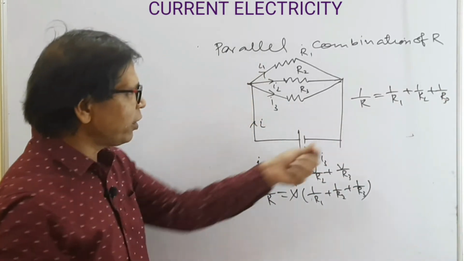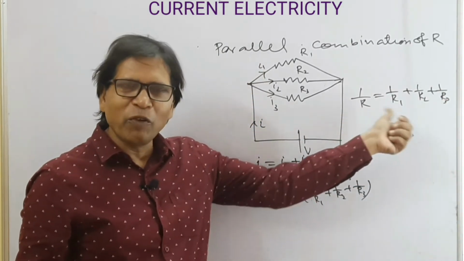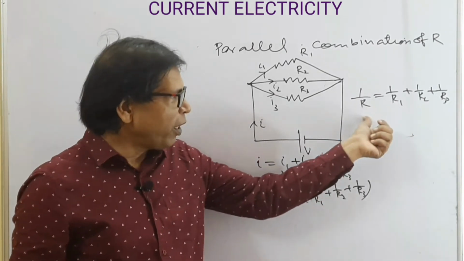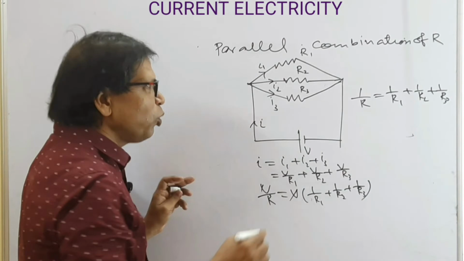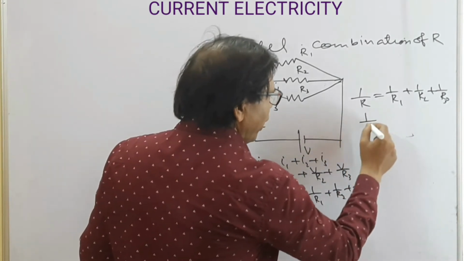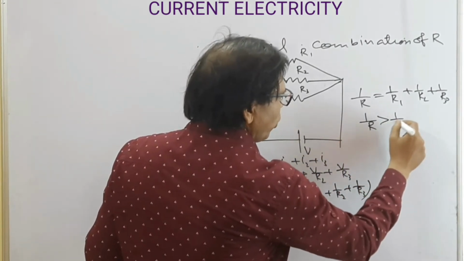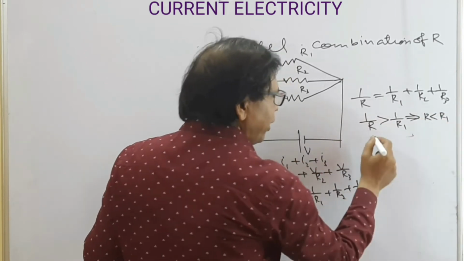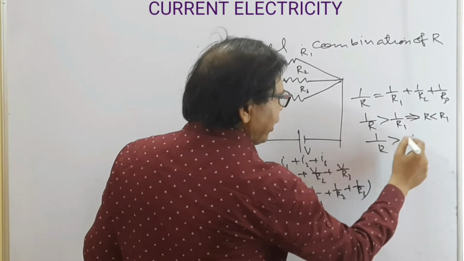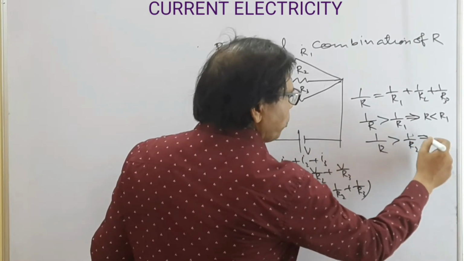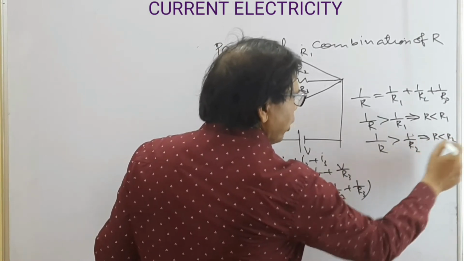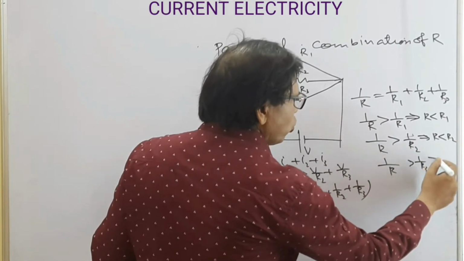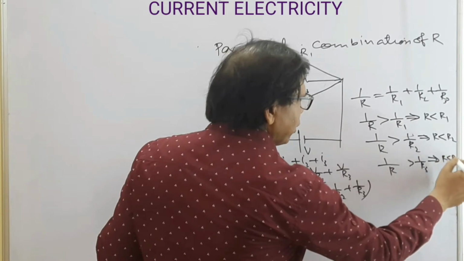Now 1 by R is greater than 1 by R1, 1 by R is greater than 1 by R2, and 1 by R is greater than 1 by R3. So from 1 by R greater than 1 by R1, R is less than R1. In the same way, R is less than R2 and R is less than R3.